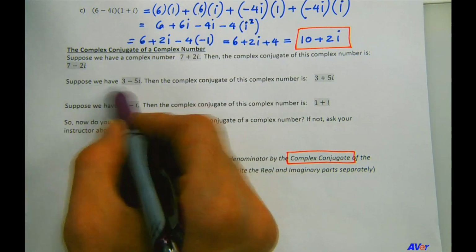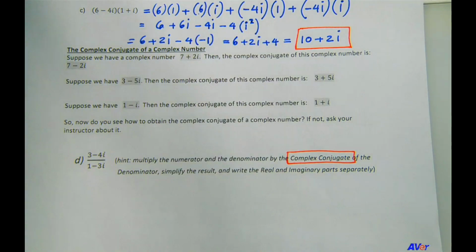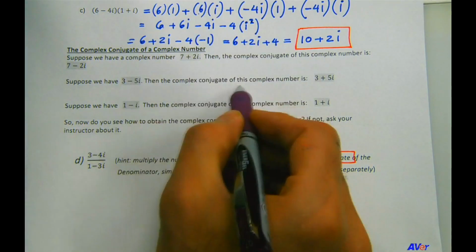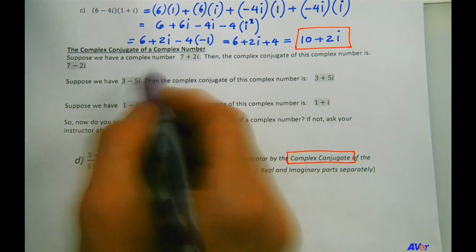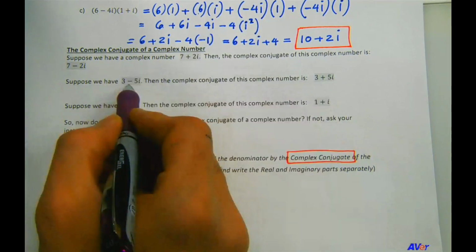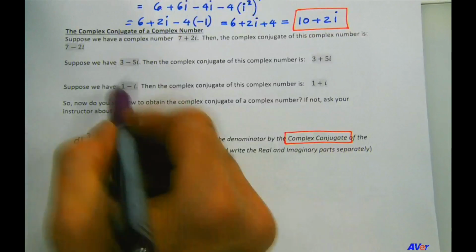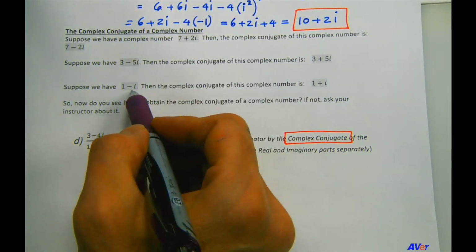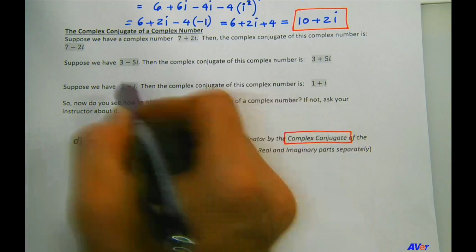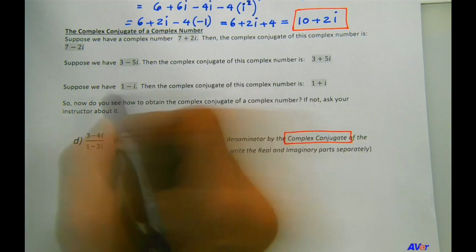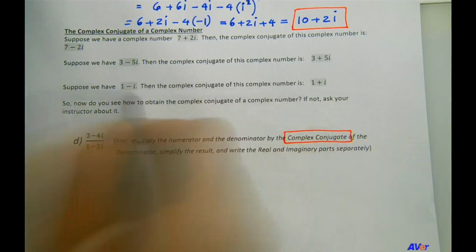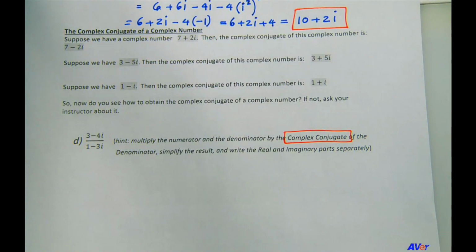Here, suppose we have 3 minus 5i. Then the complex conjugate of this complex number is 3 plus 5i. Okay, another example. Suppose we have 1 minus i. Then the complex conjugate of this complex number is 1 plus i. Okay?